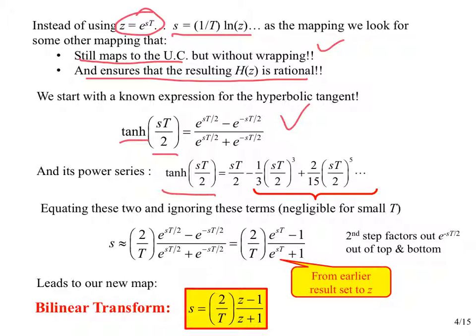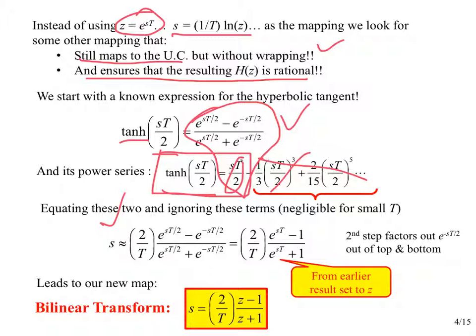Then we say, if we pick T small enough, these sT over 2 terms are going to be small over the region of s that we're interested in, and so the higher-order terms can be ignored. So we'll be left with hyperbolic tangent of sT over 2 being approximately equal to sT over 2.